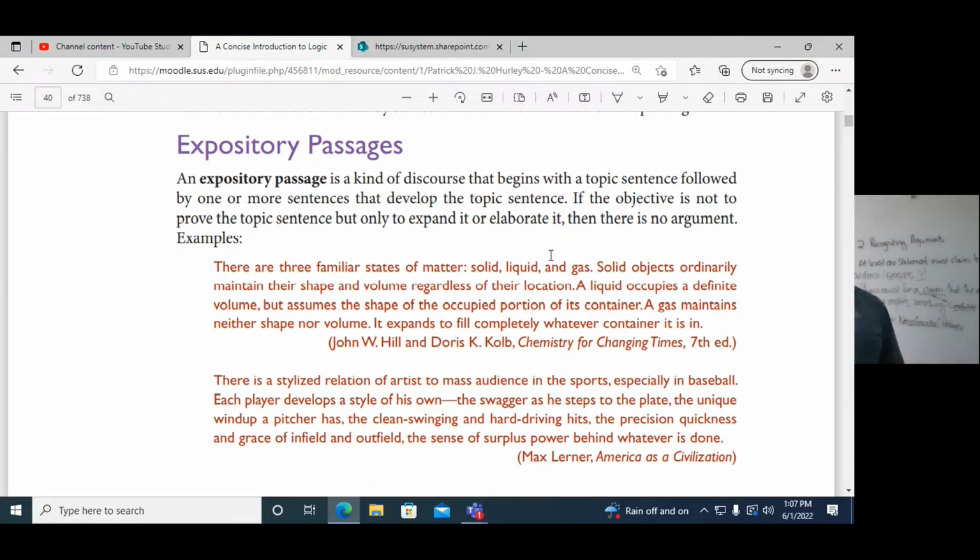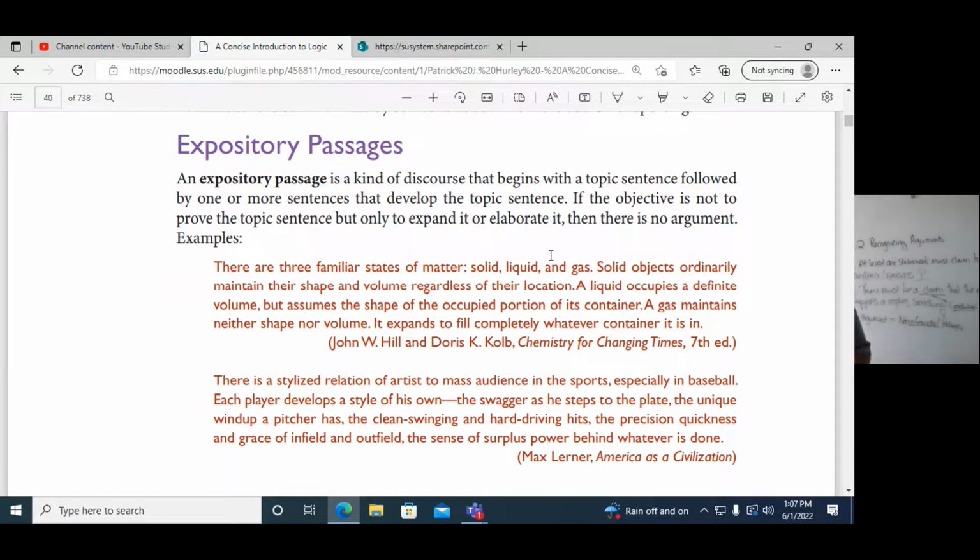Now, expository passages, right? You can think of exposition as just conveying information in a particular discourse. It mostly resembles encyclopedias.